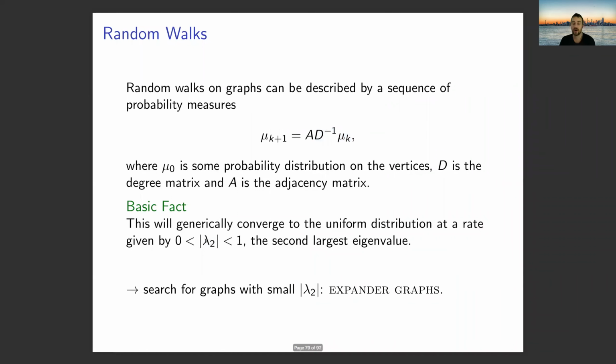And so the game is now on. You could, for example, take a complete graph. In a complete graph, you have excellent mixing properties because within 1 step, you could be anywhere. The expander graphs restrict the game a little bit and say, okay, you want lambda 2 to be really tiny, meaning you want excellent mixing properties. You want the random walk to go to the stationary distribution at the fastest possible rate.